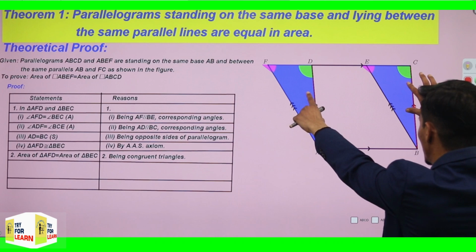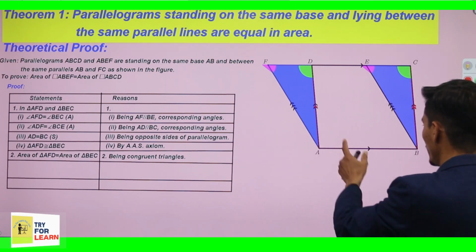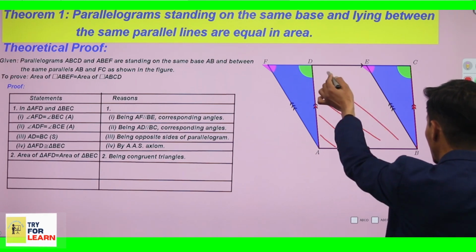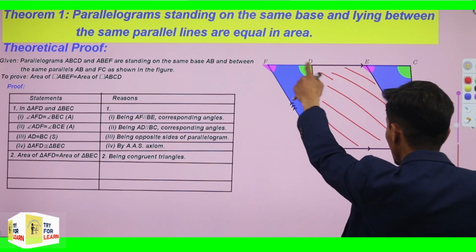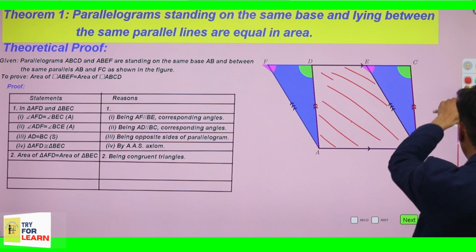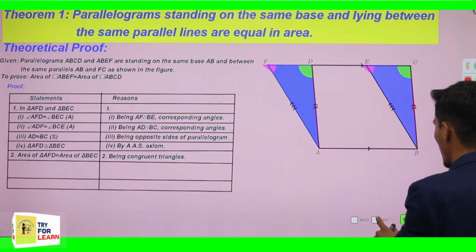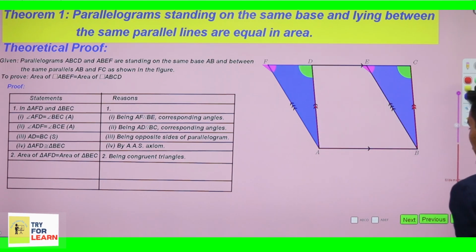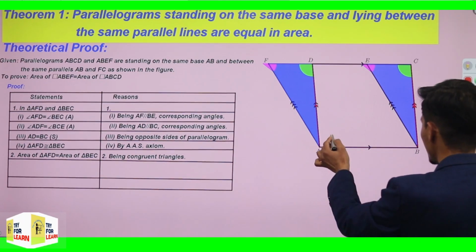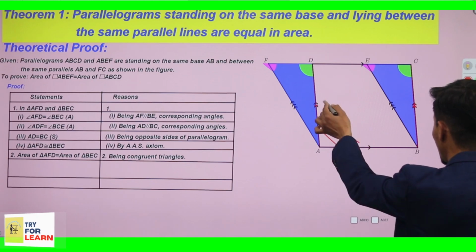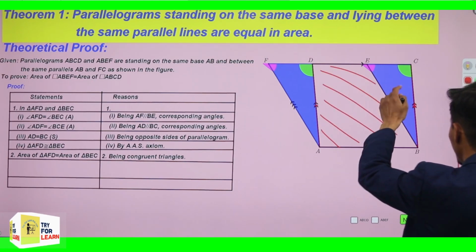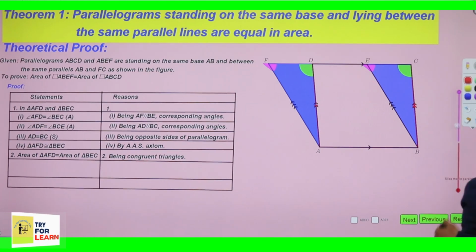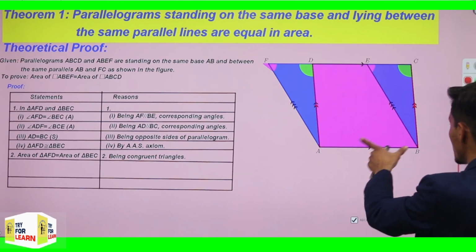Here you see these two triangles are equal. If we add this quadrilateral ABED to this triangle ADF, then we get parallelogram ABEF. In the same way, if we add the same quadrilateral ABED to this other triangle BCE, then we get another parallelogram ABCD.